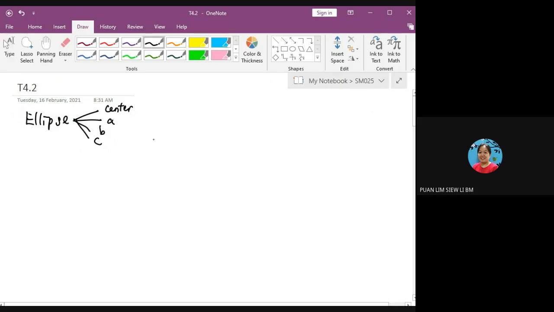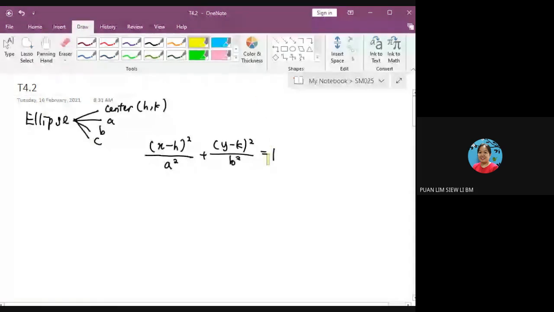Standard form. So standard form, it will be x minus h square. So their center will be denoted by h, k also. Tetapi dia punya formula dia akan per dengan a square plus y minus k square per dengan b square equals to 1. So there definitely have to be equals to 1 and plus.